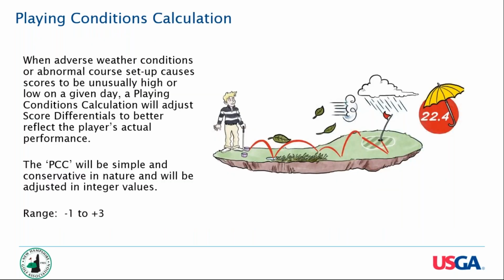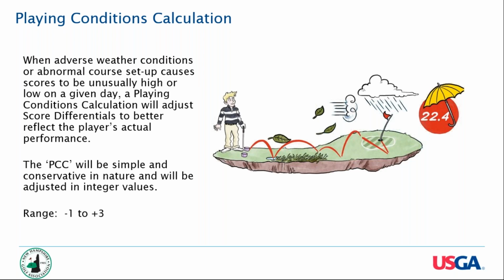So now we'll get into the playing conditions calculation. All right. When adverse weather conditions or abnormal course setup causes scores to be unusually high or low on a given day, a playing condition calculation will adjust score differentials to better reflect the player's actual performance.